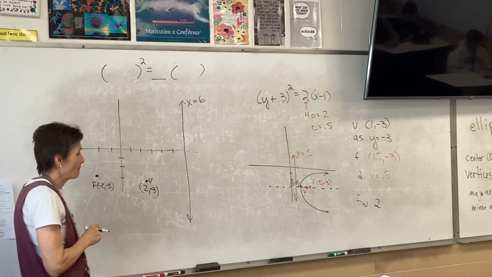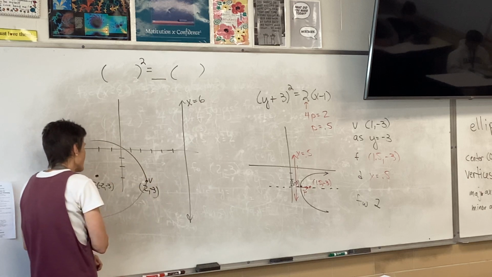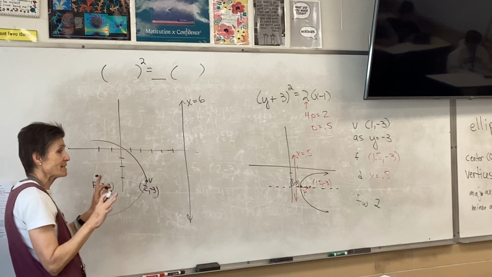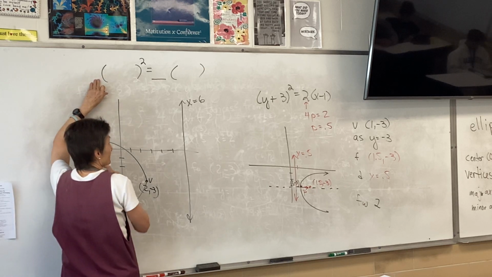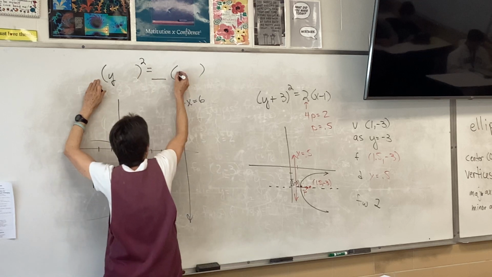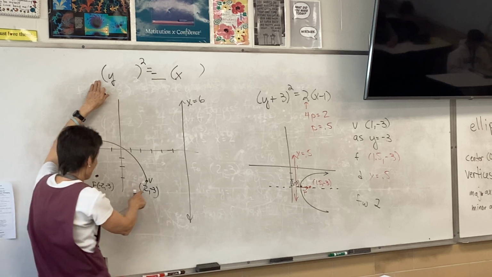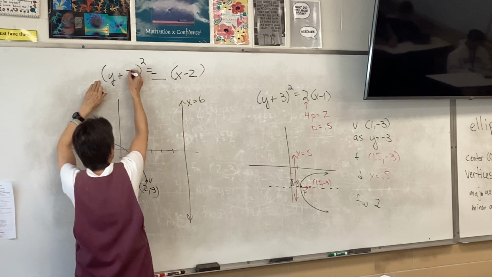Which way is it open? Gotta open left, gotta open around its focus and away from its directrix. That tells me a time. Which letter is squared if I'm left? Y. And that number is negative. And I already know my vertex, so x minus 2, y plus 3.